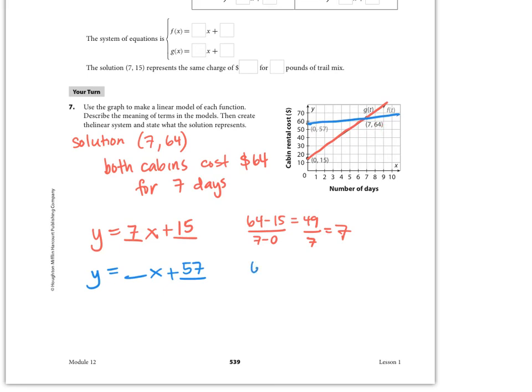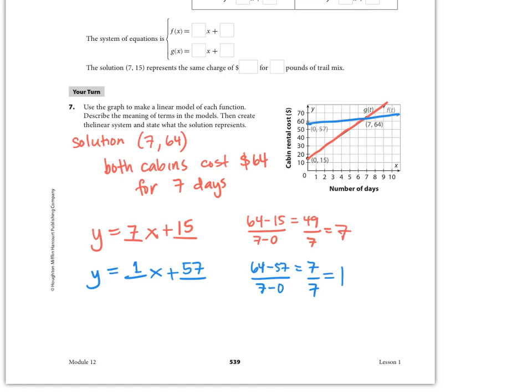Well, 57 to 64, if I subtract backwards, gives me 7. And it does the same thing for the x. It goes from x equals 0 to x equals 7. So subtract backwards, and that means it went over 7. 7 over 7 is 1. So our slope there is 1.